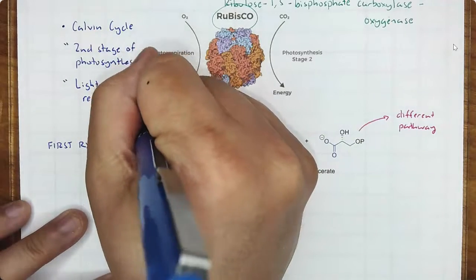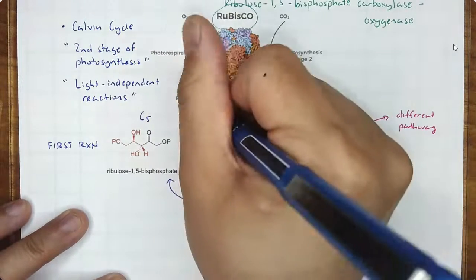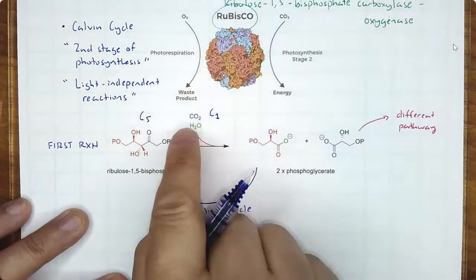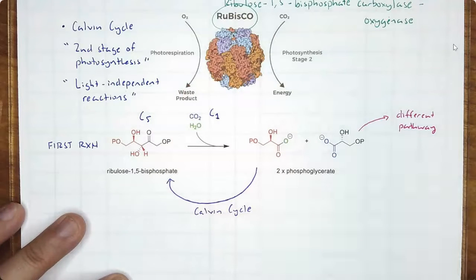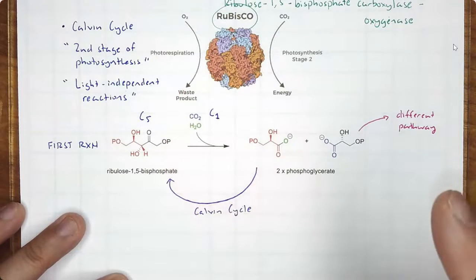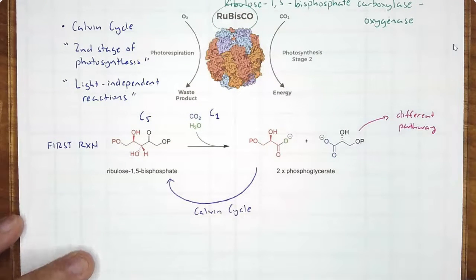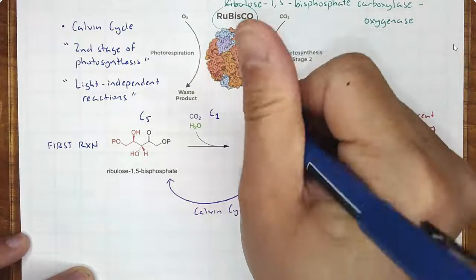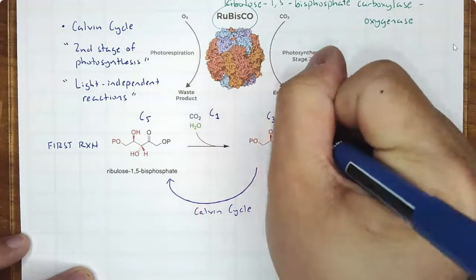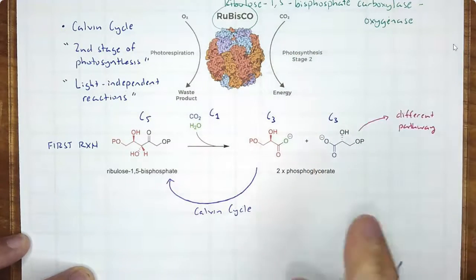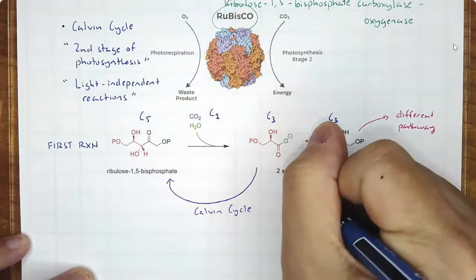So this is our C5 piece. We're adding a C1 piece, which is the carbon dioxide from the air, and incorporating it into an organic molecule. It's 2 organic molecules, and they're both C3, and they're identical.